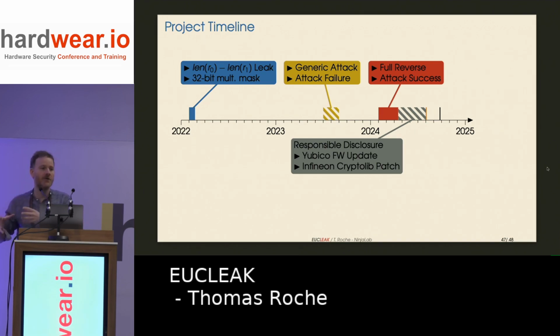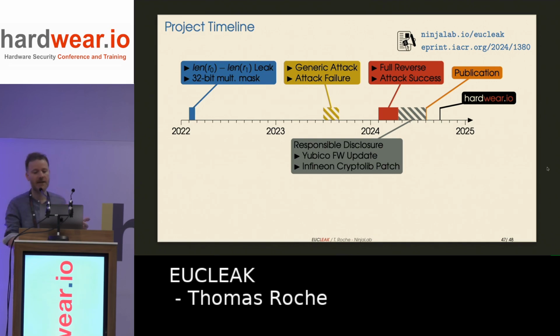So they had their own cryptolib ready to ship, and this happened right at that time. It was a bit weird, but then they switched the firmware at that time. Infineon cryptolib was patched during this responsible disclosure, and at the end we published our work in a long write-up on our site.